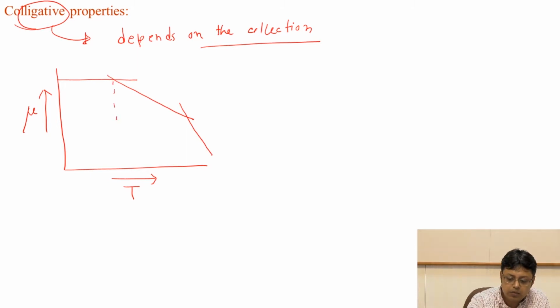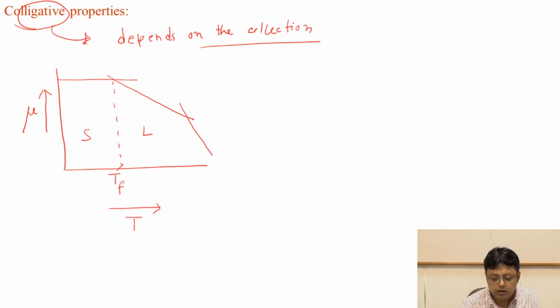So here, where we have a phase transition from solid to liquid, this is the solid region, this is the liquid region, so that we called the melting point or the freezing point equivalently, and similarly this is nothing but the boiling point. So this region is the vapor region.